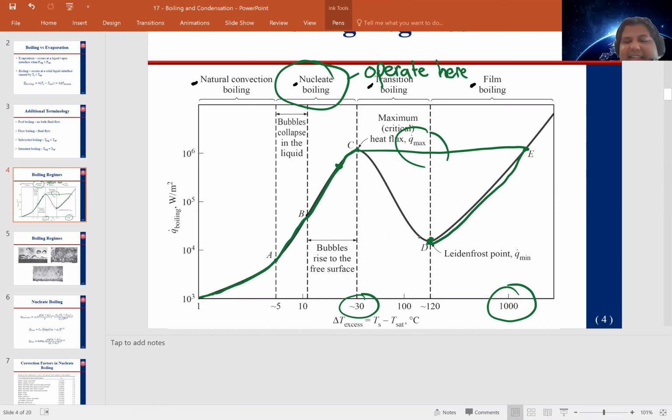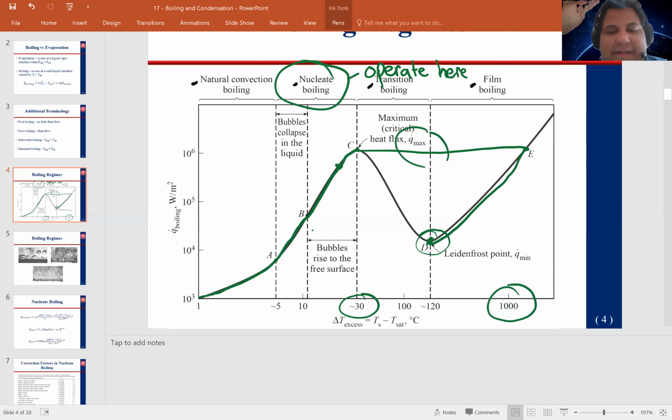And what you can find is that you can get even better performance because you're operating at this minimum heat flux point at the region between what's known as film and transition boiling. Transition boiling is mainly just kind of elements of both nucleate and film boiling. Sometimes you'll hear it called unstable film boiling, where some portions have a stable film and some look more like nucleate boiling. But this kind of operation is typically rare. What you often see in common practice is operation within the nucleate boiling regime.